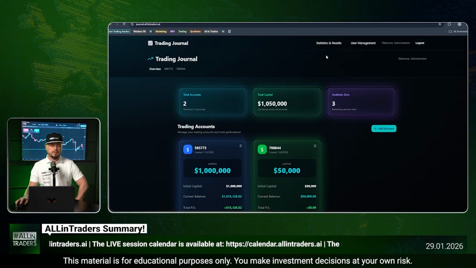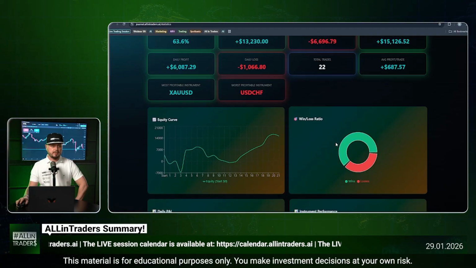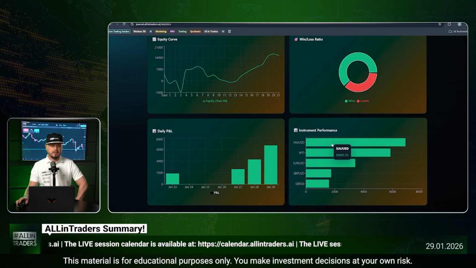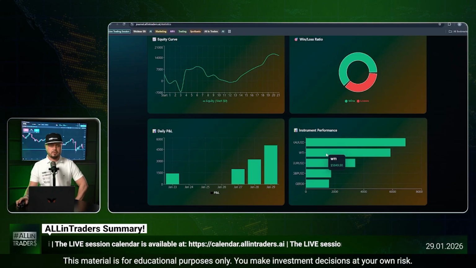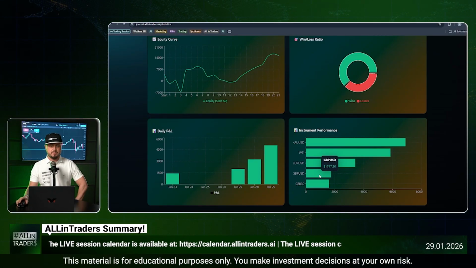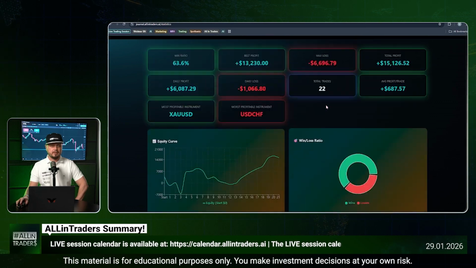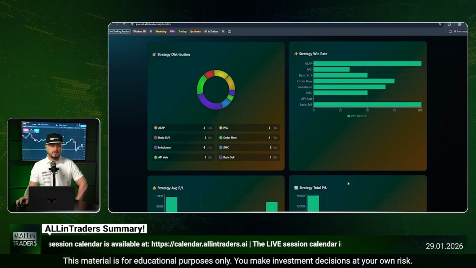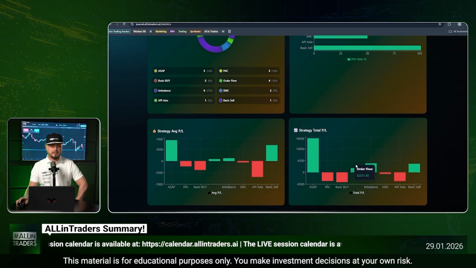I want to show you also some statistics. Instrument performance: at the moment, gold is bringing us the most profits, then crude oil, Euro USD, GBP USD, and German 30. Okay, and we can check the strategy analysis to see which strategy is working the best.